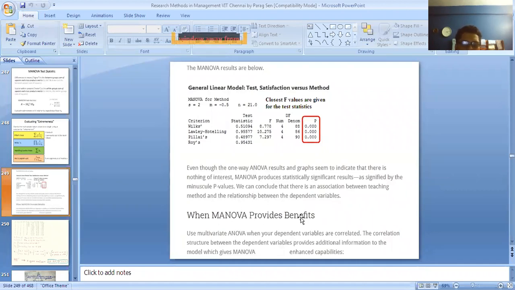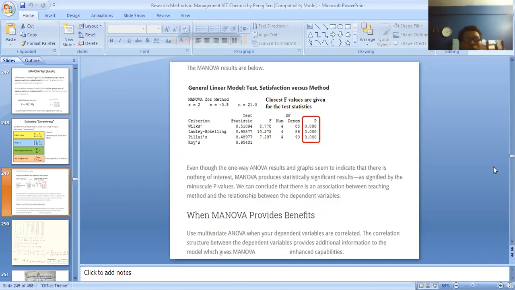So when does MANOVA provide benefits? Use multivariate ANOVA, or MANOVA, when your dependent variables are correlated. The correlation structure between the dependent variables provides additional information to the model, which gives MANOVA enhanced capabilities.